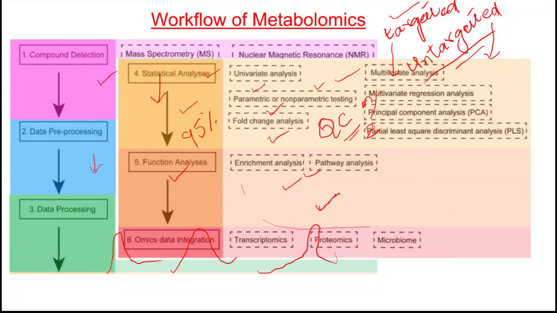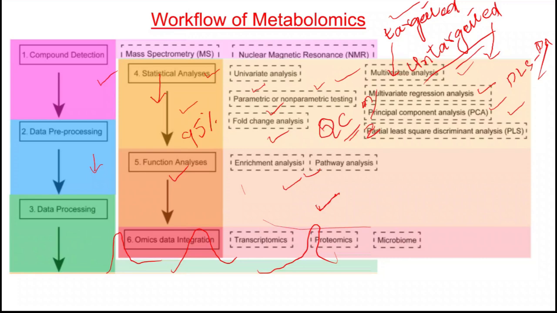We also do some fold change analysis. In multivariate analysis, we perform multivariate regression analysis, and sometimes ANOVA, PCA, and PLS, that is partial least squares discriminant analysis. We also call this PLSDA.